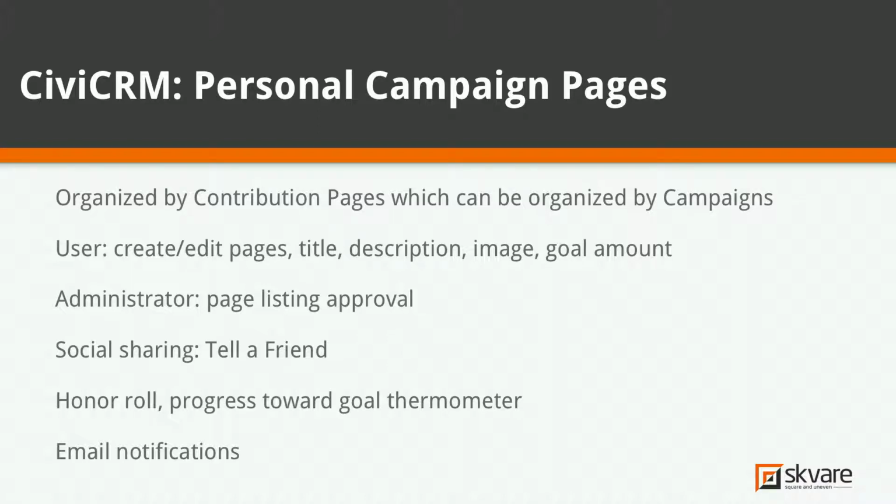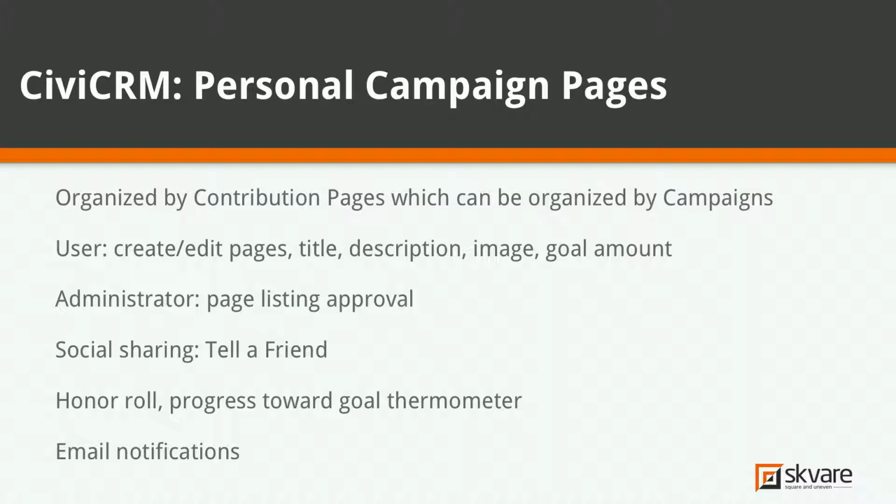I mean, that's already there: to create the pages, put in an image, put in a goal amount, and put a page listing approval for the administrator. So you don't want just people going off and creating a bunch of pages and not having control. So there's already a mechanism in there. There is already some social sharing to tell a friend.